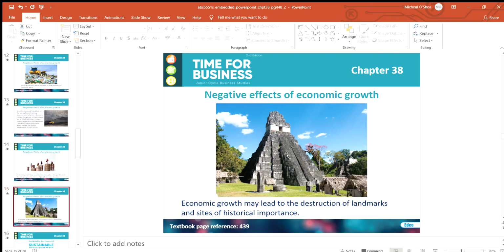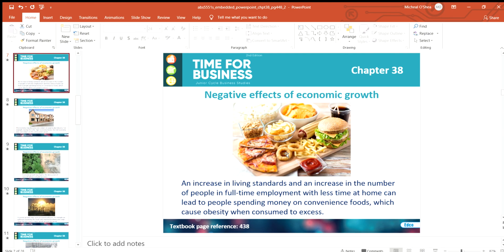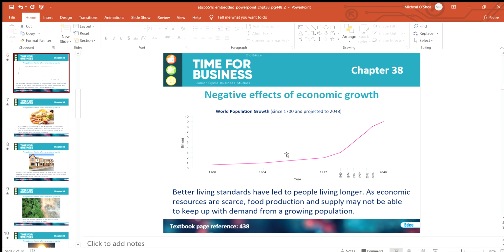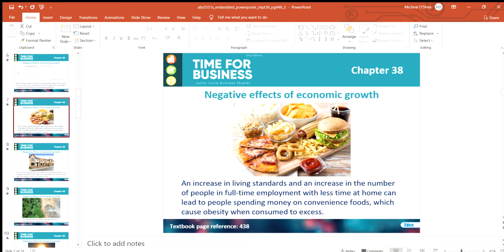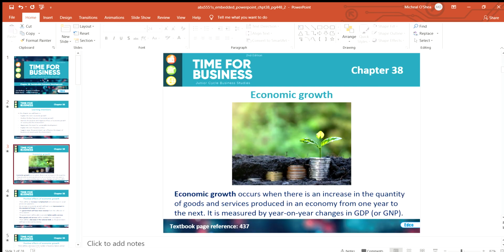I don't think you can blame the economy as much on things wearing down, and I don't think you can blame the economy as much on people living longer and that being all bad. You have to have some understanding there as well, and obviously obesity has a high correlation with high economic growth, but again, it's not like you'd wish people to have a poor standard of living. We'll be touching on these things again down the line, but that's our introduction to what economic growth is.